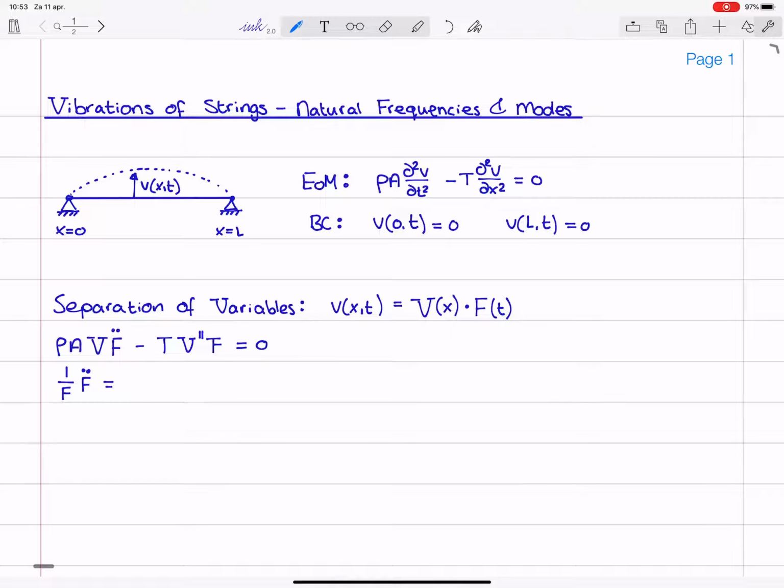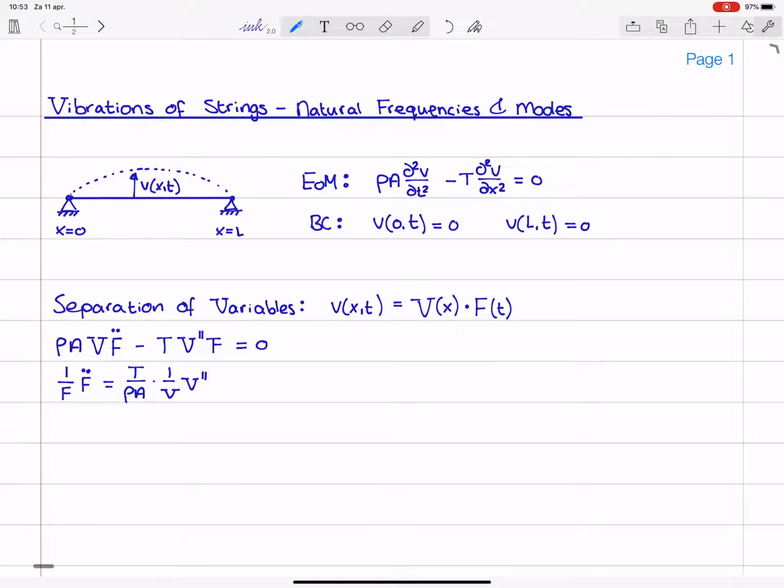And then on the other side of the equation we have t divided by rho a times 1 divided by v times v double prime. So basically all the time variables are on the left, all the spatial variables are on the right, and there's also this constant still involved.